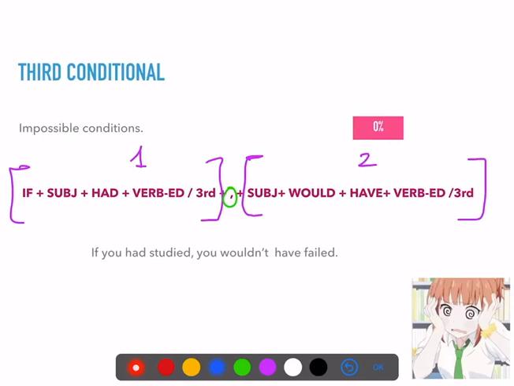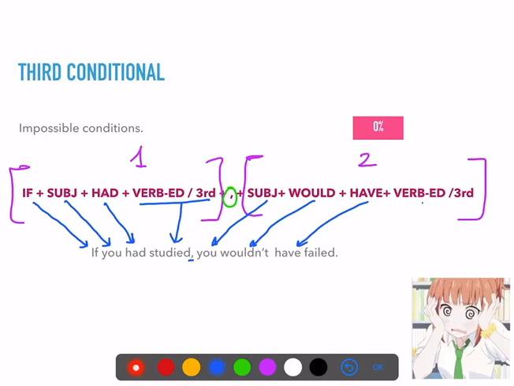So, if you had studied, the comma, you wouldn't have failed. Okay? Be careful with that. We can do it on the other side. You wouldn't have failed if you had studied.